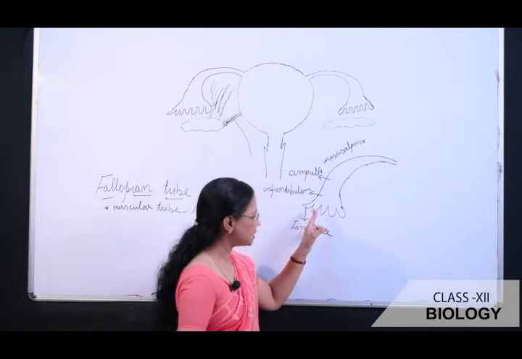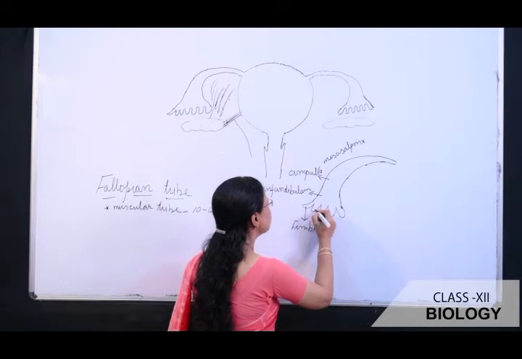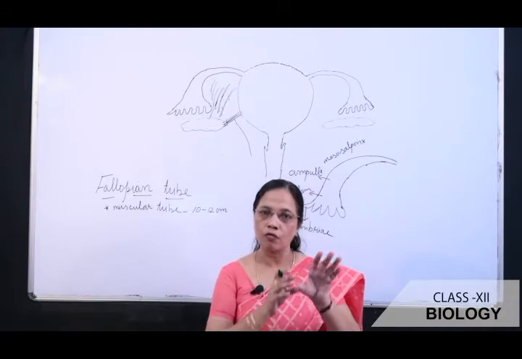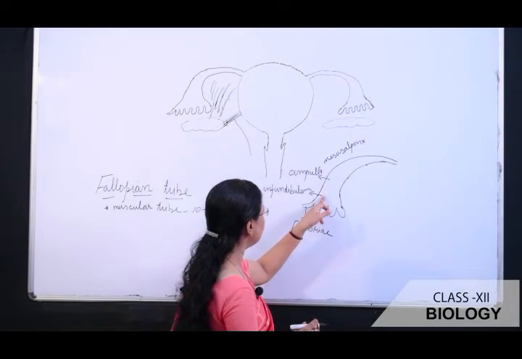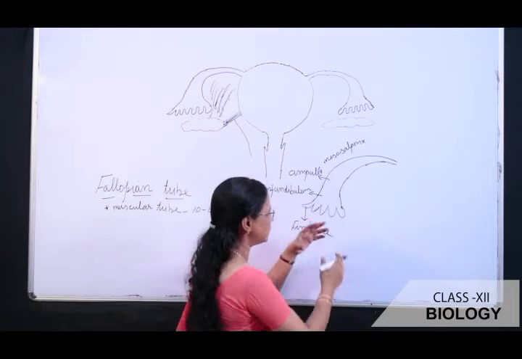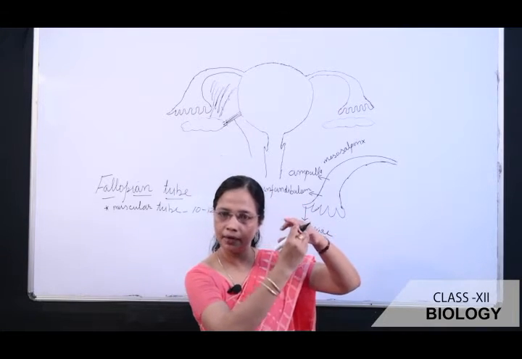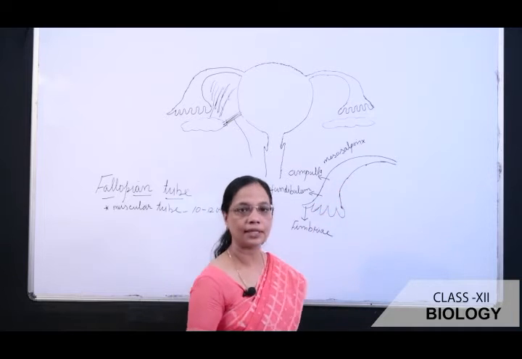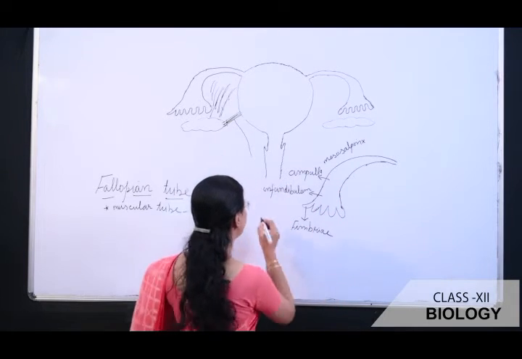This fimbriae, which has cilia, small hair-like structures, beats the egg towards the funnel-shaped structure, that is the infundibulum. Suppose this is a finger-like fimbriae. There is an opening before the funnel-like structure, that is called the ostium.